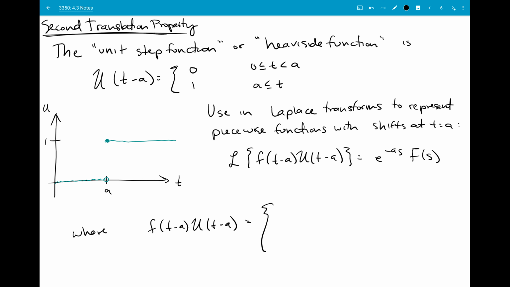And what's going to happen is up until a, it's just going to be 0 because u is 0. And then after a, it's going to look like f of t minus a. And I know that this representation is going to be challenging for people, so we're going to work through a couple examples.